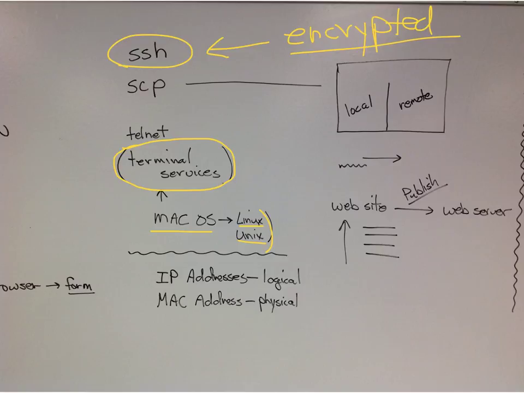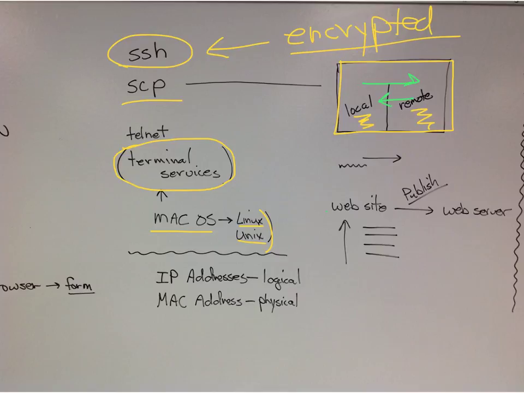We looked at secure copy. You can use a piece of software that will open up. It'll show your local machine here and the remote machine there. And then when you copy something, you can copy it this direction or this direction.